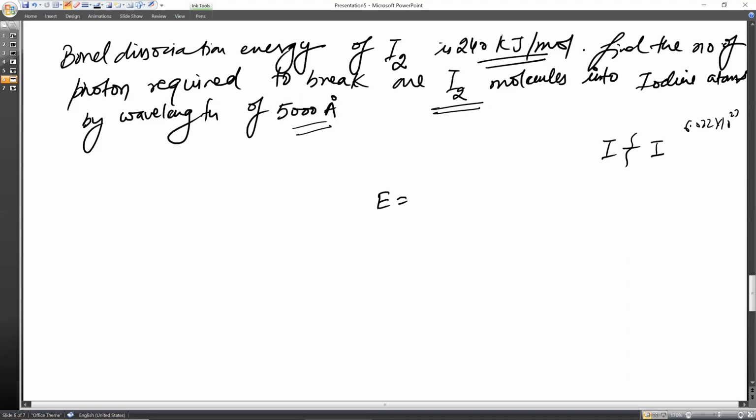So this is the energy required for breaking how many kilojoules of means how many atoms? 6.022 into 10 to the 23.